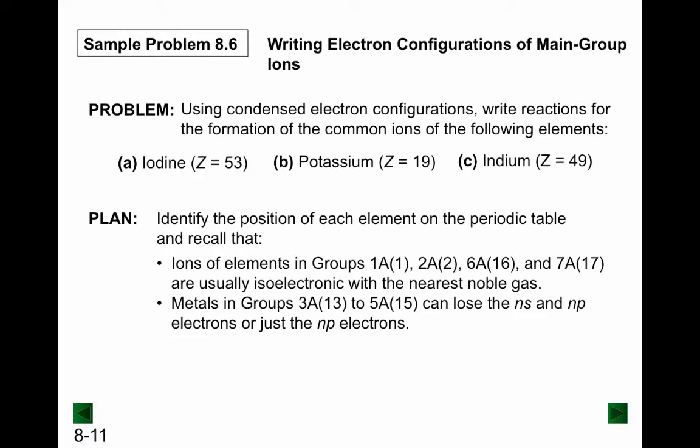Notice that we did not say that the new electron configuration is [Xe] in brackets, even though iodide now has the same electron configuration as xenon. Remember, when we are writing the condensed electron configuration, we use the noble gas that is behind the atom of interest and not in front of the atom of interest.